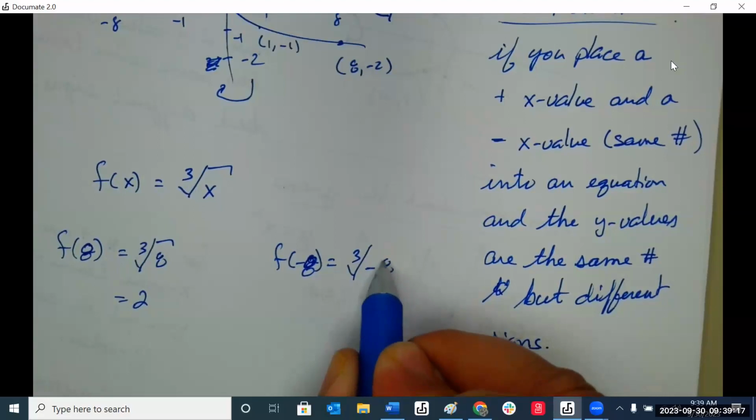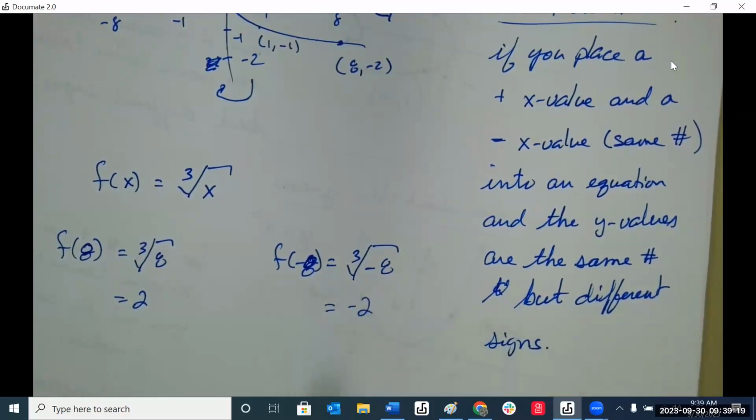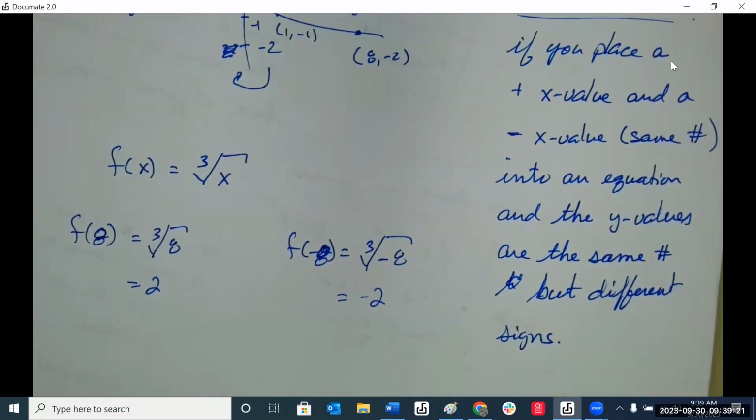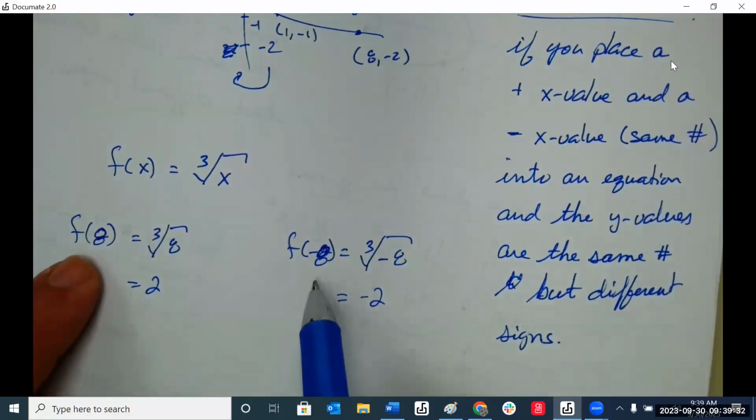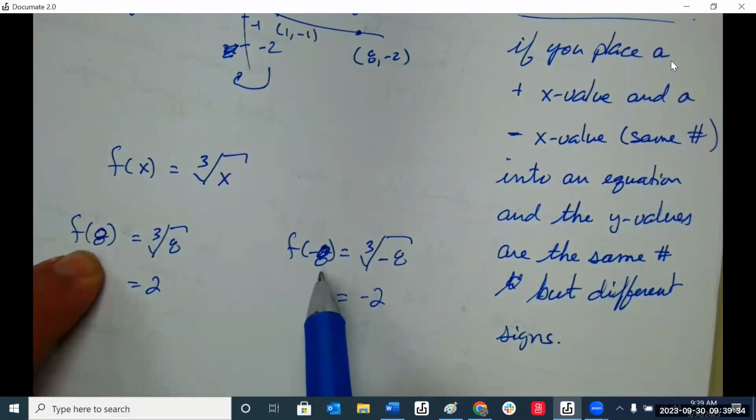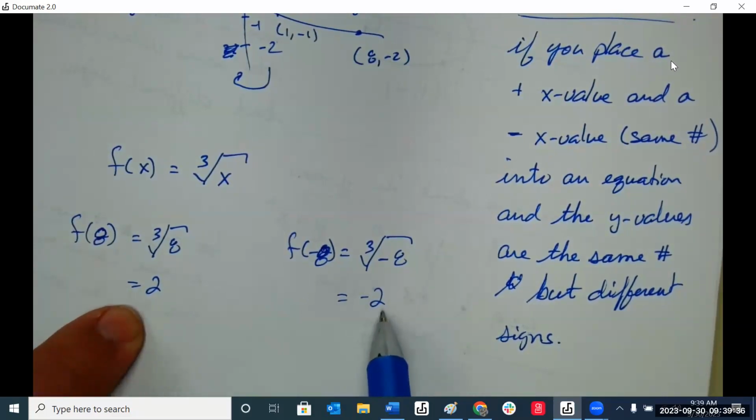The cube root of -8 is -2. So I plugged in the same numbers, positive and negative, and I got positive, negative, the same answer. That's how you tell it's an odd function.